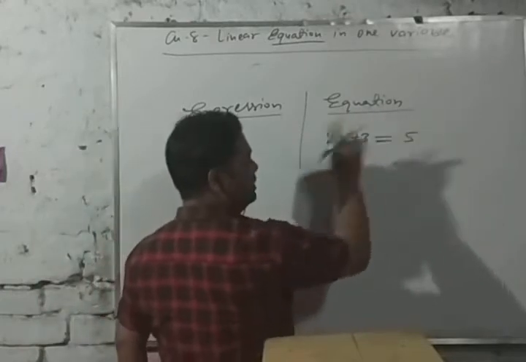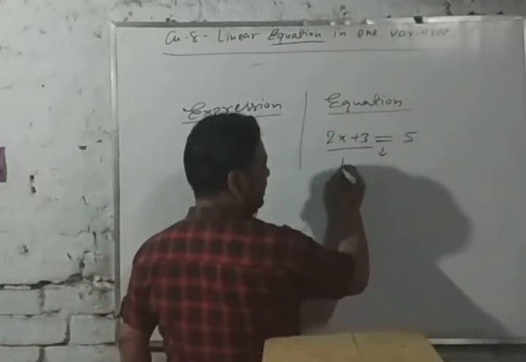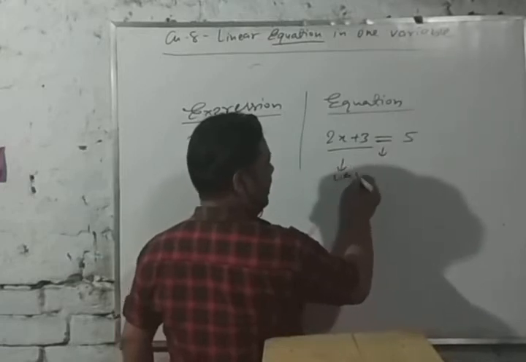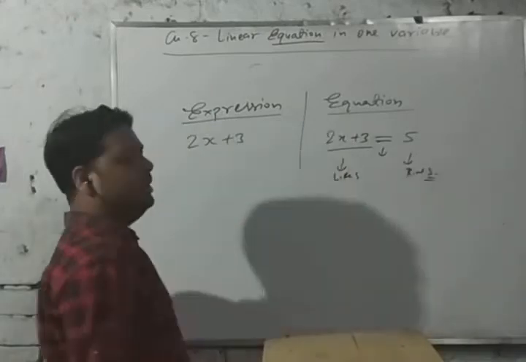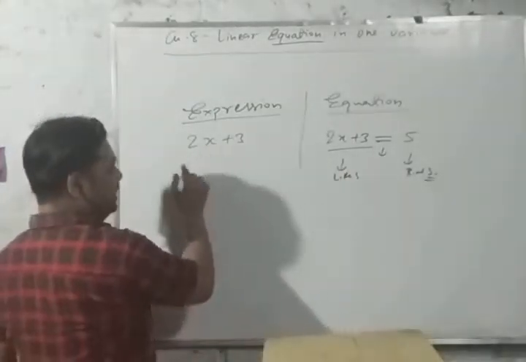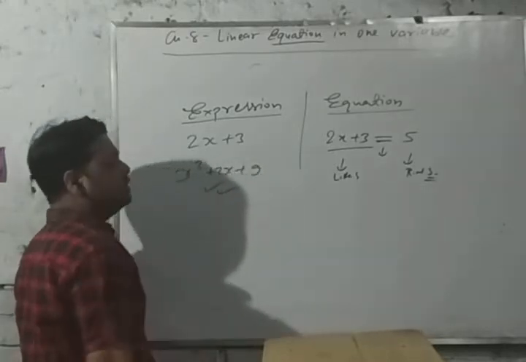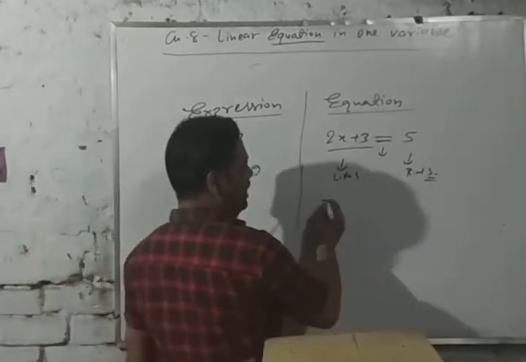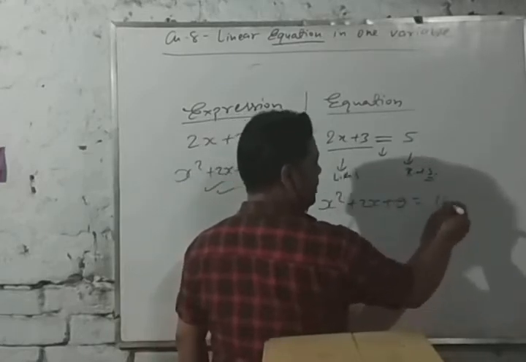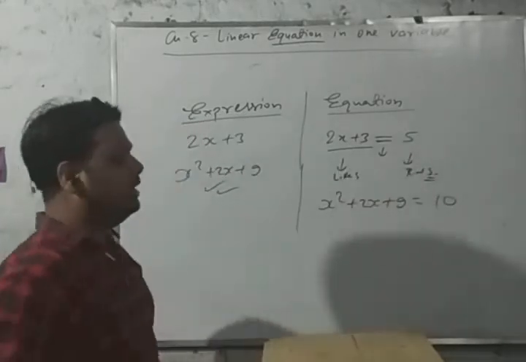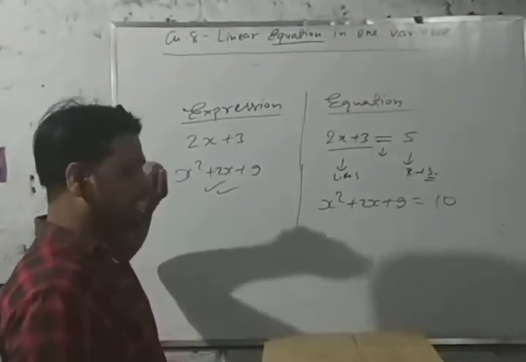But in an equation, there is an expression, then the equal sign, and left hand side value and right hand side value are given. Here ax square plus 2x plus 9 is the expression only. But if we write ax square plus 2x plus 9 is equal to 10, it is the equation.